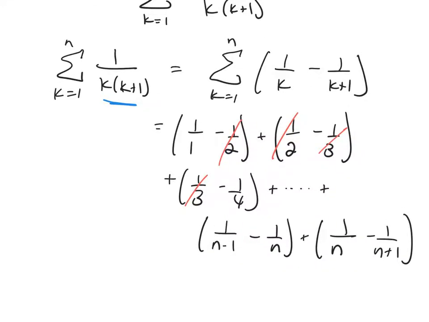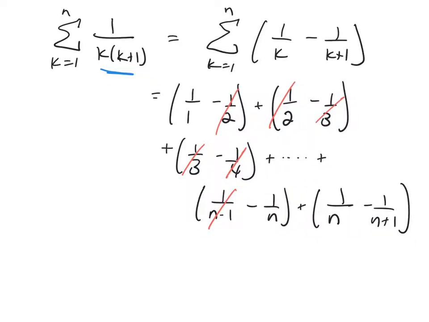So this negative 1/4 would have got canceled with the next term. The same thing with this minus 1 over n minus 1. And then these get canceled. And so I'm left with 1 minus 1 over n plus 1. And that's my nice simple expression for that.